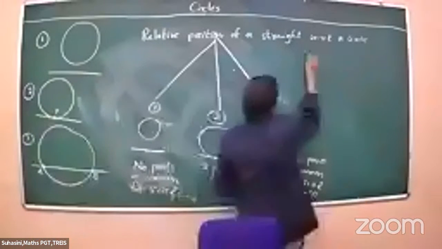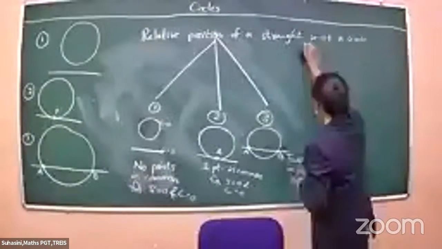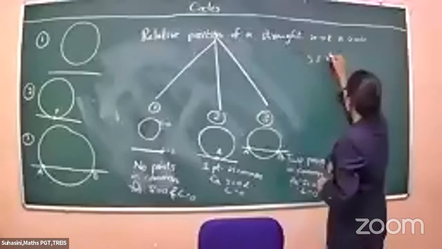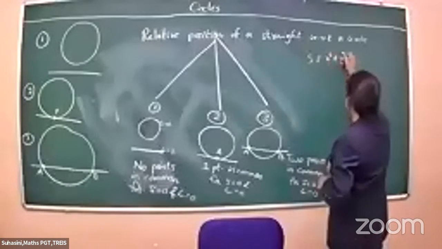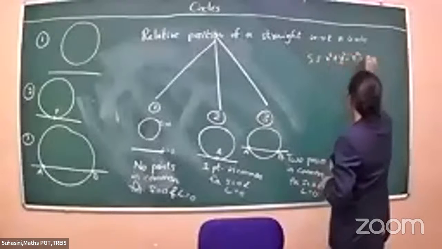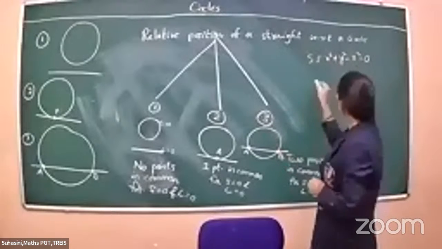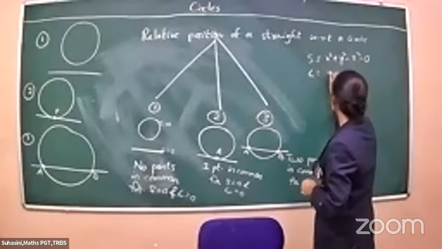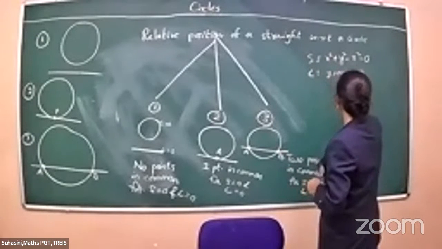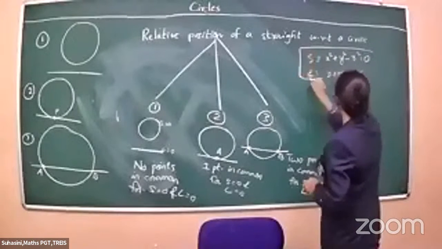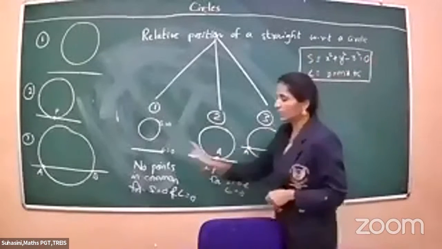Let us take the standard forms. Suppose S equal to x square plus y square minus r square equal to 0 is the equation of the circle, and L is the line y equal to mx plus c. Okay, this is the geometrical interpretation.